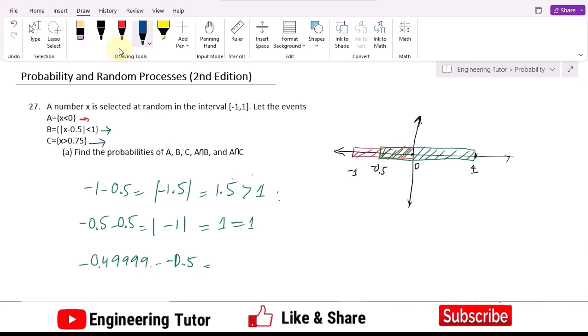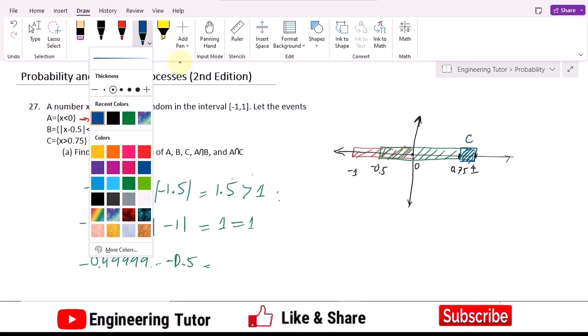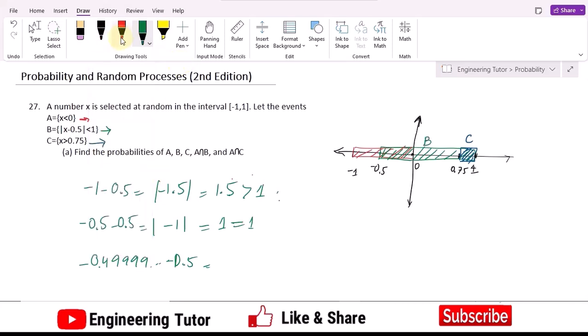So 0.75 almost lies here, and it will lie like this, so that is the event C. So this is event C in blue, this is event B in green, while in red this is event A. I hope the overall scenario will be clear now.